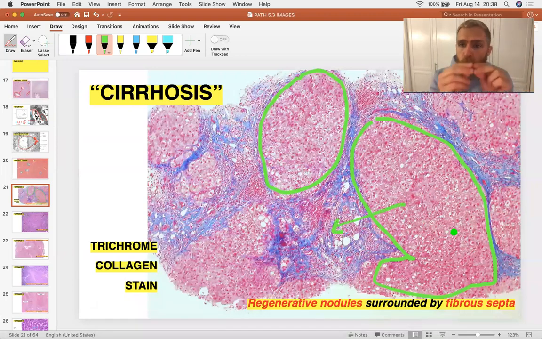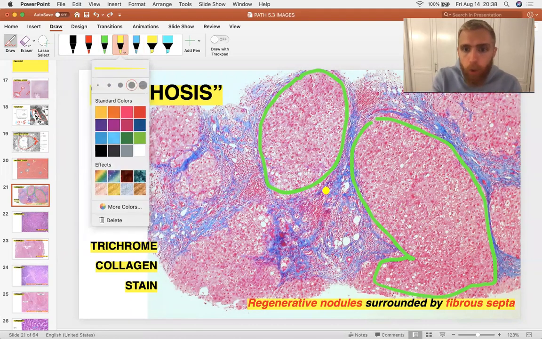Whenever there's focal liver damage, the cells that divide are hepatocytes, hepatocytes, hepatocytes. And these hepatocytes have a great regenerative capacity that surpasses that of endothelial cells, right? And so all of the blood vessels in this image are pushed together.